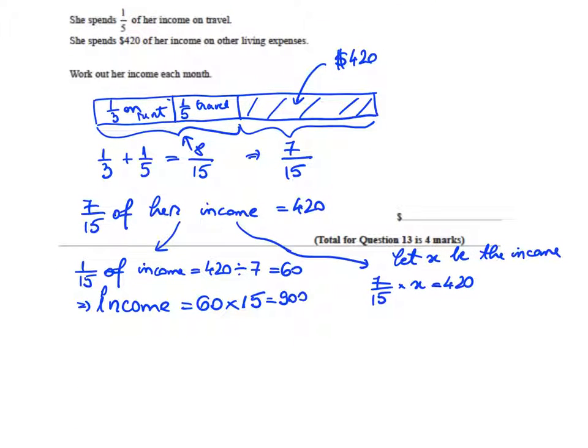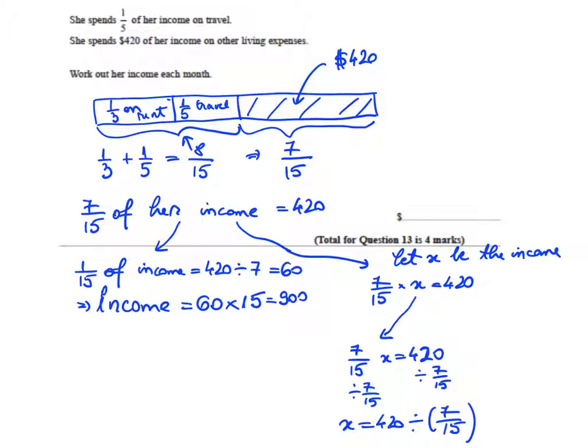Now, in order to solve this equation, we can do either divide both sides by 7/15, so we get x equals 420 divided by 7/15.